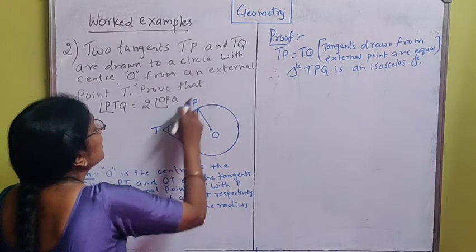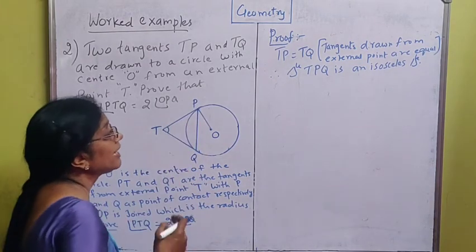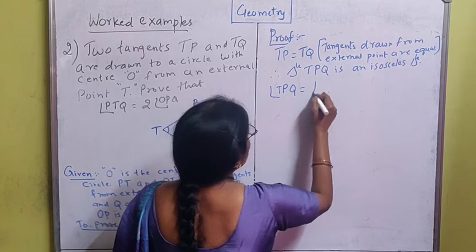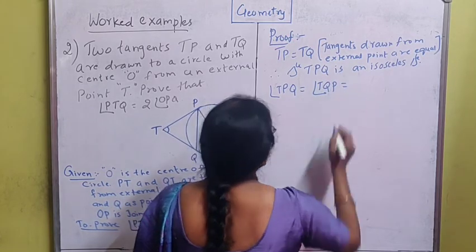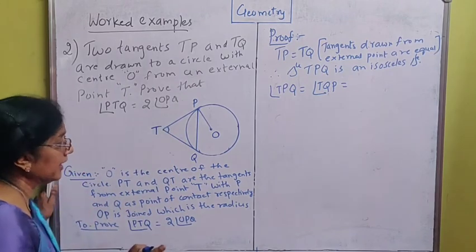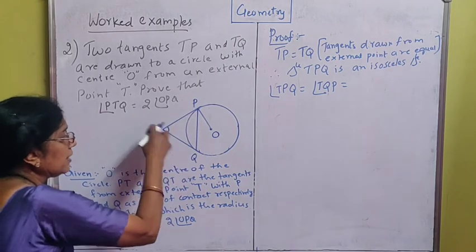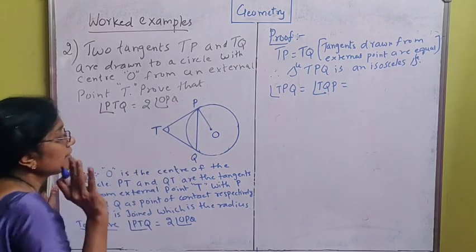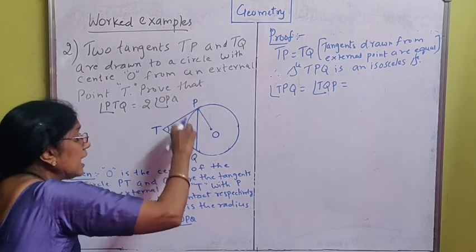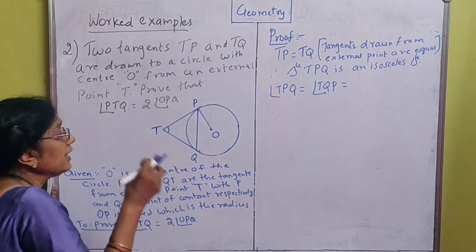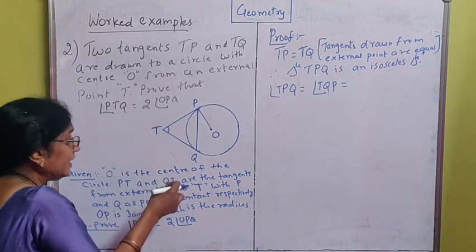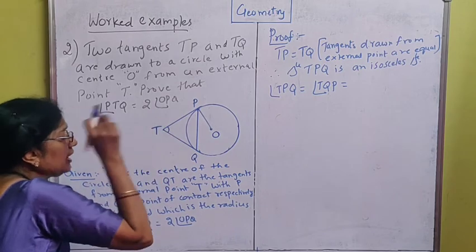If TPQ is an isosceles triangle, what happens? The angle TPQ and angle TQP are equal. Angle TPQ is equal to angle TQP. Now in a triangle, I told you the sum of all three angles is 180 degrees. Means angle TPQ plus angle PQT plus angle PTQ is equal to 180 degrees. If these two angles are equal, how much will those angles be? It will become 180 minus angle PTQ by 2.